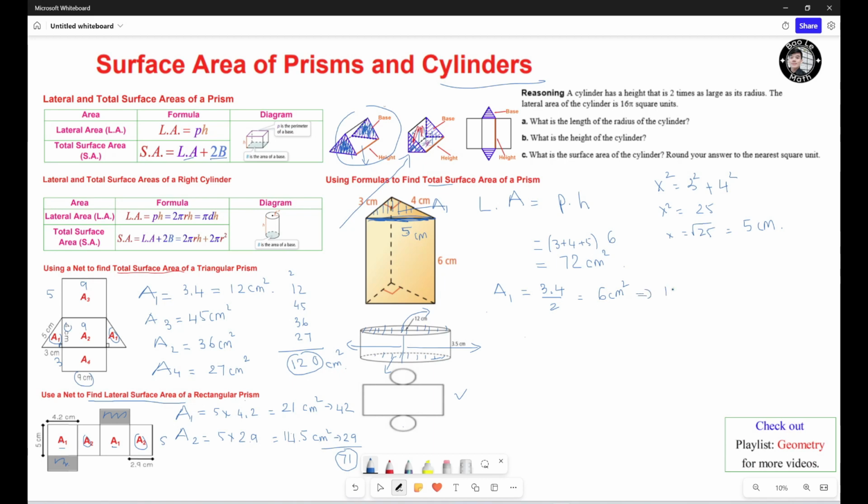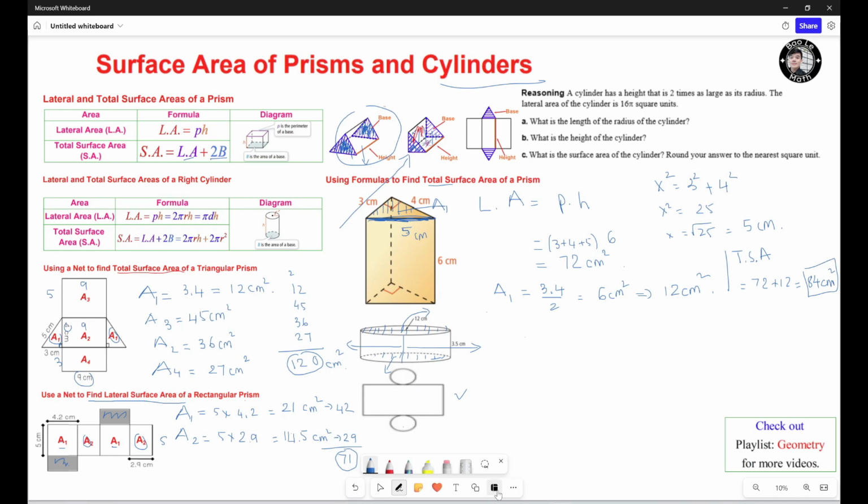So it turned out to be 12 centimeter square right here. Alright, now the total surface area is going to be equal to 72 plus 12. So it should be 84 square centimeter. And that is the answer.